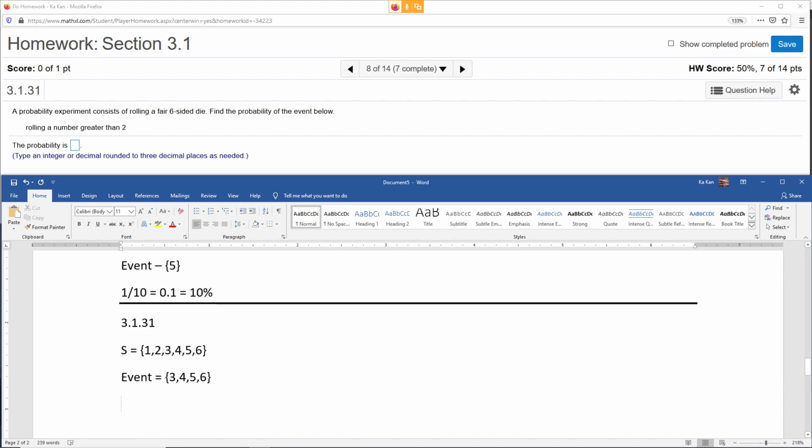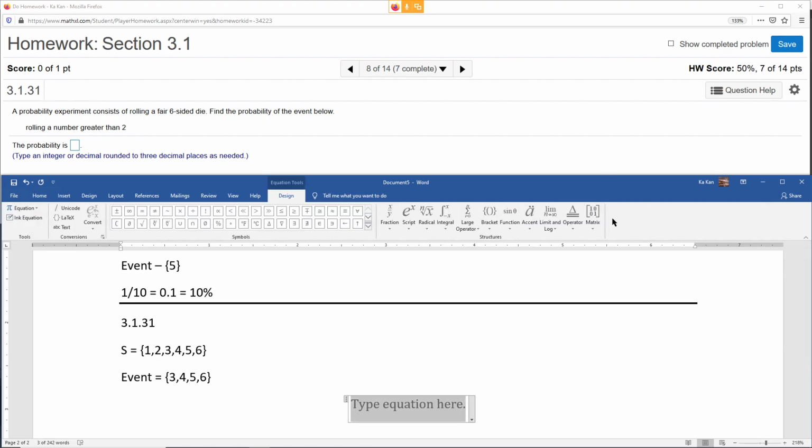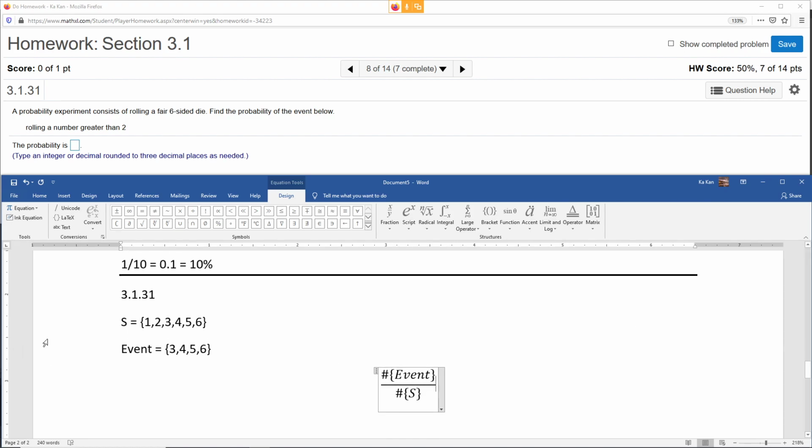So now it's the number. Right, so here's one way you can do it. You can do the number of outcomes within the event divided by the number of outcomes in the sample space. That's kind of a lazy way to say it. So how many outcomes do we have in the event?